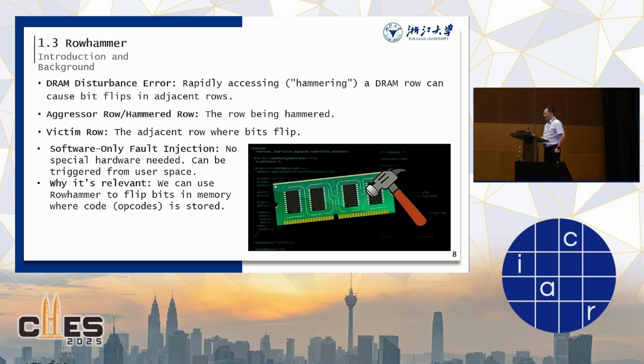Basically, it changes the electromagnetic phenomena among different rows in the DRAM, and it can cause some bit flips for some rows in the data side. So in this talk, I use this bit flip to try to flip some opcode of the CPU instructions. So this is the technique we are using.